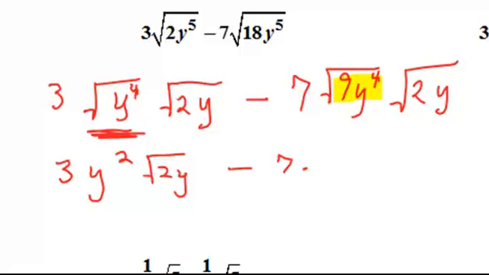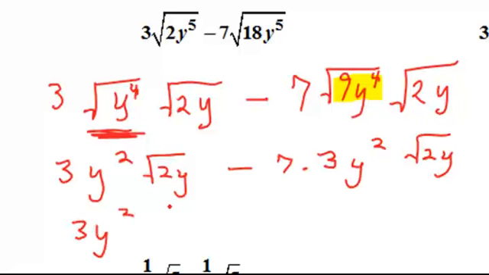These are all perfect squares in here, so we should be able to take the square root. 3y squared. Square root of 2y. Okay, so we have 3y squared, square root of 2y, minus 21. We can multiply those, right?